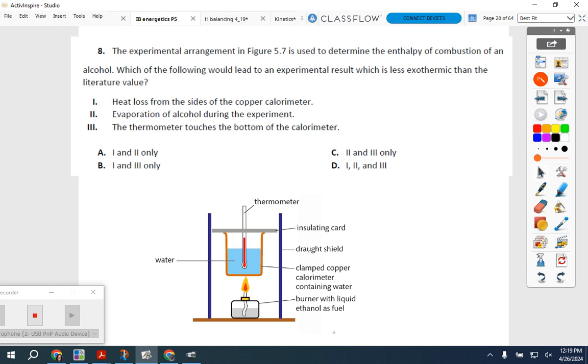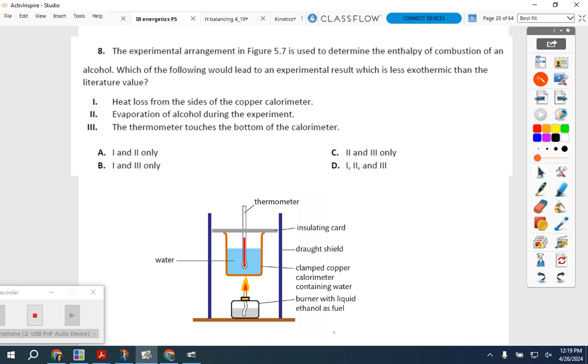How about evaporation of alcohol? If the alcohol is evaporating, what's that going to do? Yeah, it absolutely is part of our equations, but like you said, not the heat equation. The heat equation is all about the water. However, we're going to take that heat transfer and put it over moles burned.